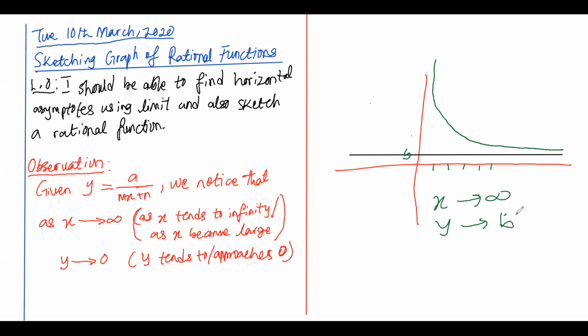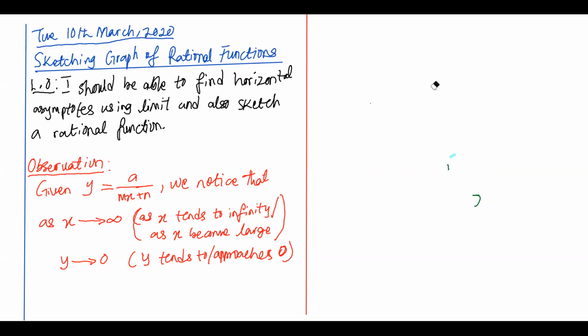So y is equal to b is your horizontal asymptote. Sorry, I said vertical, that's horizontal. Does that make sense, everyone? As x becomes large, y tends to b, then this b value is what you're looking for. Not 0 this time. Does everybody understand before I move on, please? Hello? Yes. All right, thank you.